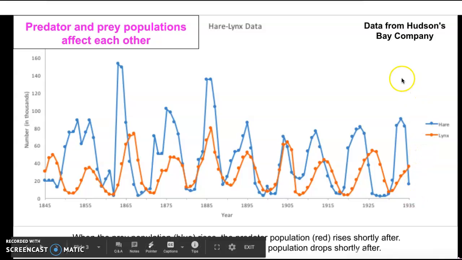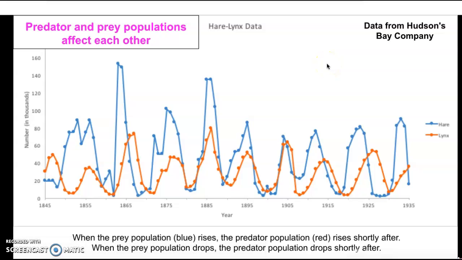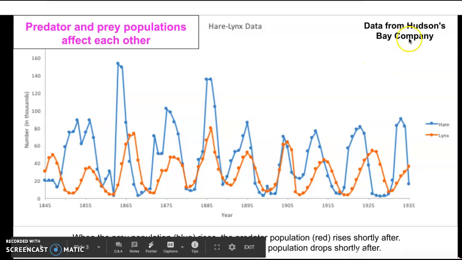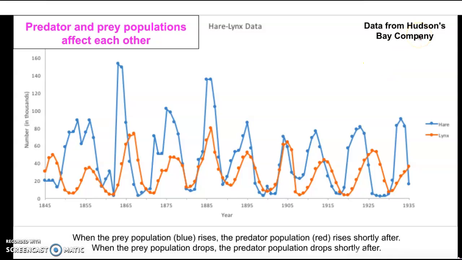It's some of the earlier forms of population tracking data. It comes from the Hudson Bay Company. They were involved in what we call the fur trade back during this time when the settlers from Europe went to North America. One of the big businesses there was fur trading.